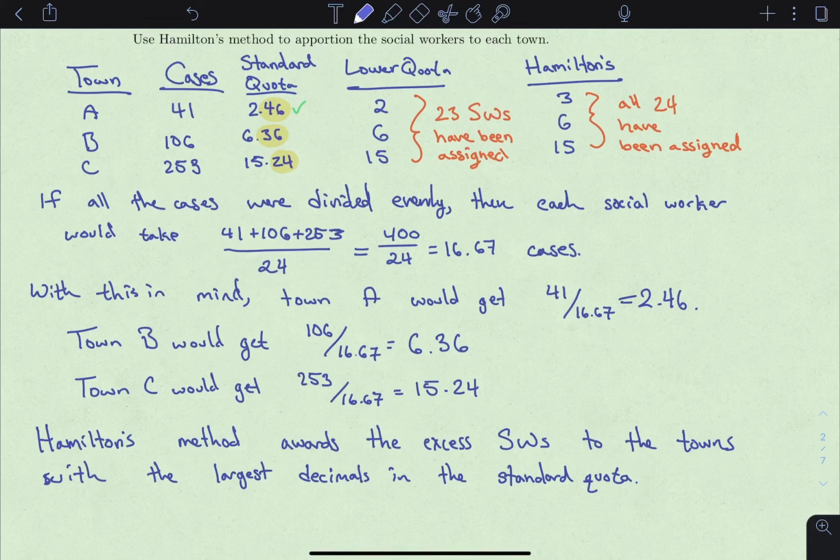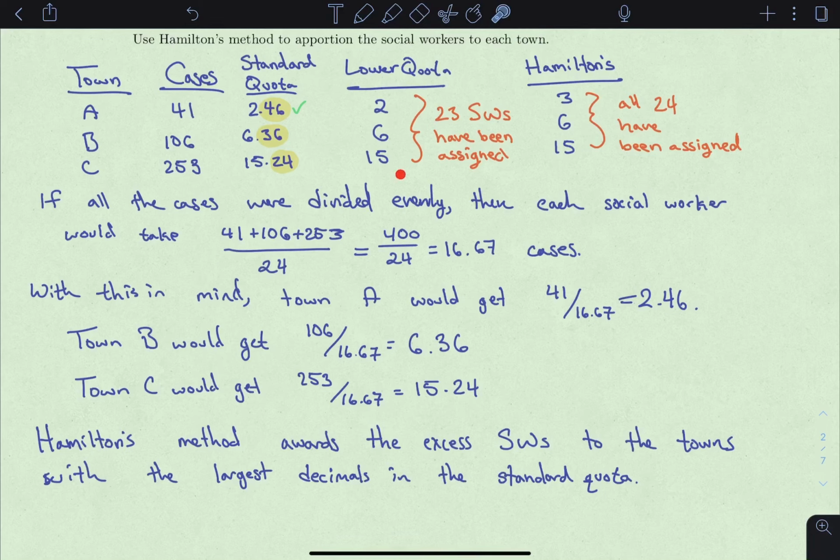And we only had one additional social worker. But if we had, say, only distributed 22 of the social workers after we had looked at the lower quota, then the next social worker would have gone to town B, because town B had the second largest decimal. So that's how Hamilton's method works.